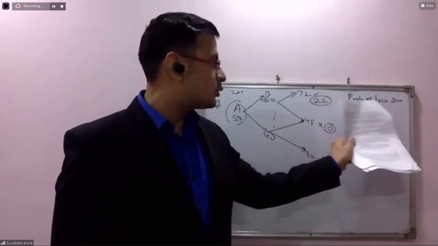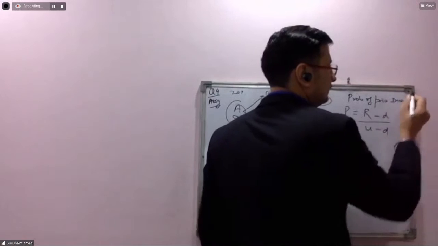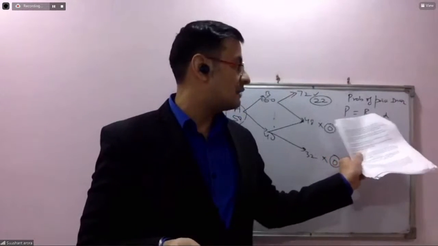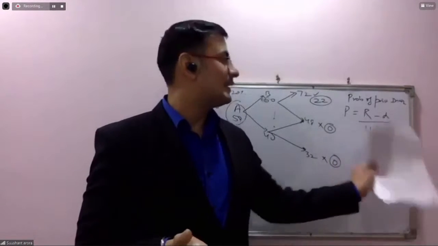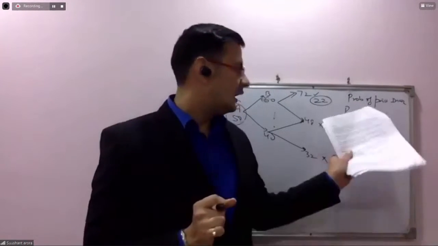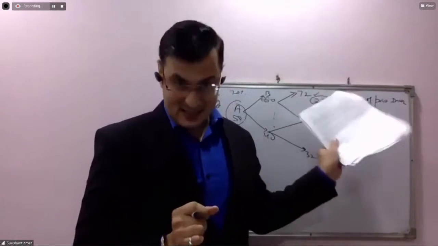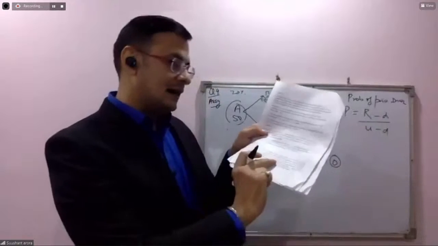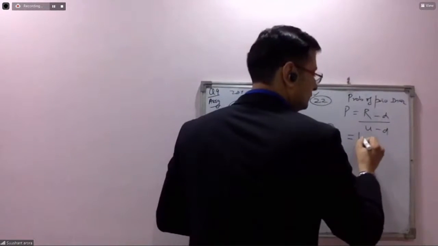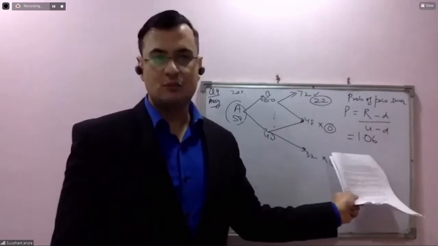So what are we doing? The probability of price increase using this formula: R minus d divided by U minus D. In this case, both d and u are small letters and R is the bigger letter. The risk-free rate is given as 6%, expressed in this form.